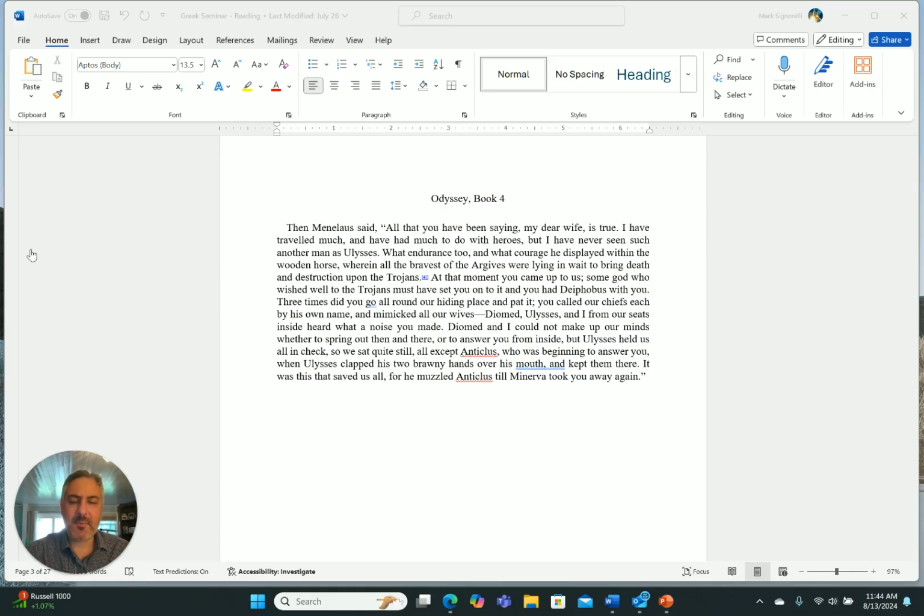But he returns in a much deeper sense with an understanding of who his father really is, of the standard of virtue that his father embodies, and which he himself is called upon to embody in his own life and in his own conduct. And so by the end of book 4, by the end of this opening section of the Odyssey, Telemachus has undergone the first stages in his moral development.